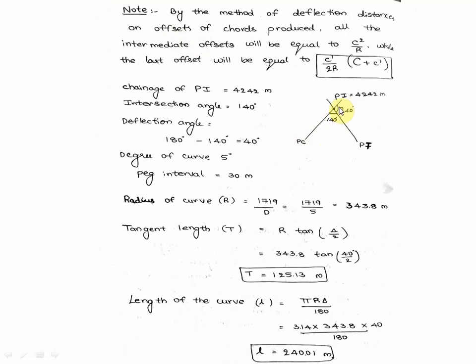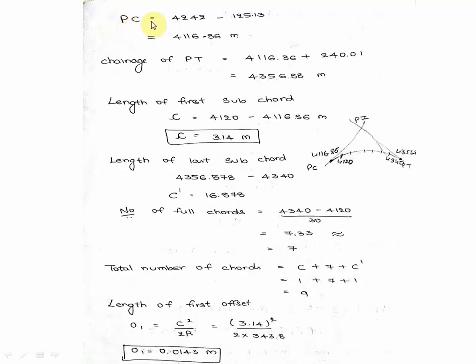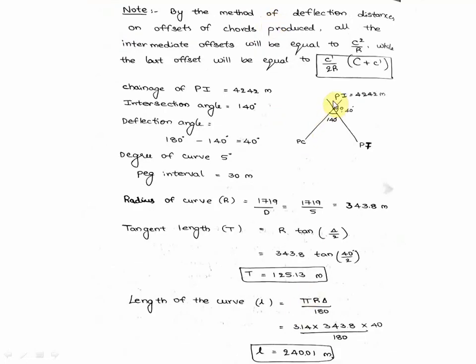In chainage of point of intersection, you just minus this tangent length, you will get point of curve, you will get this chainage. Okay, so point of curve equal to 4242 minus 125.3. Here chainage at PI minus tangent length, that is 125.13 meter.